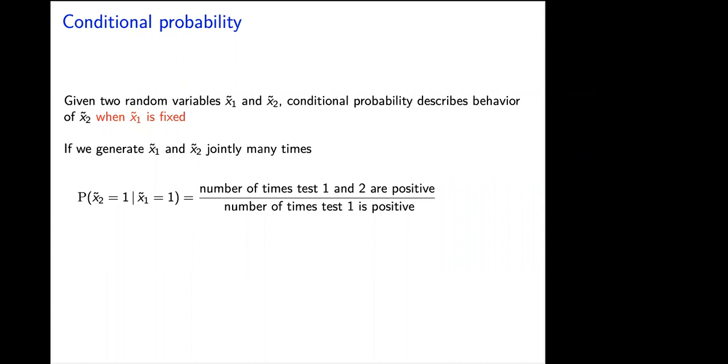If we generate them many times, we would start to see this pattern emerge: the conditional probability, which is represented by this bar notation, is going to approximately be, once we've sampled effectively, the number of times that they're both positive divided by the number of times that just the first test is positive.